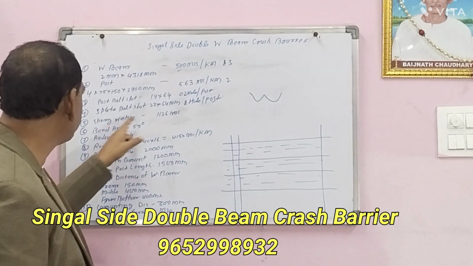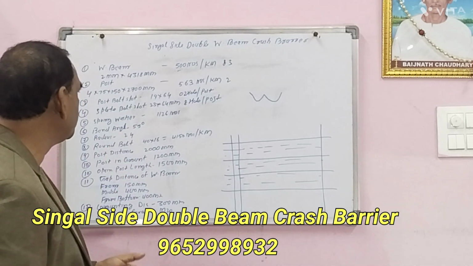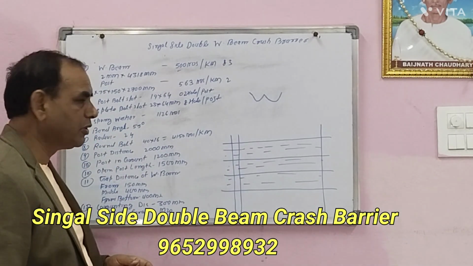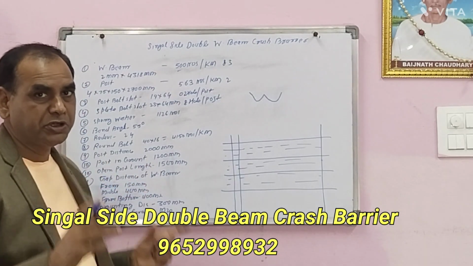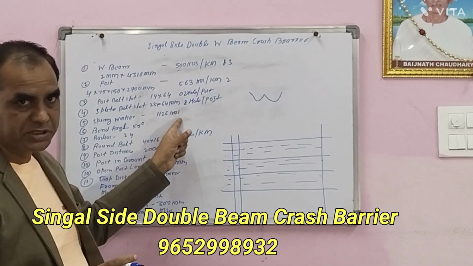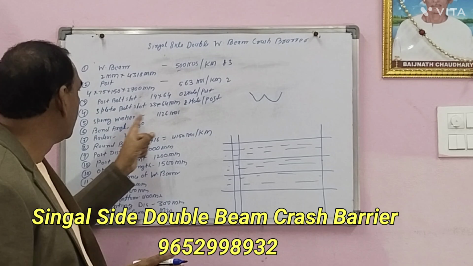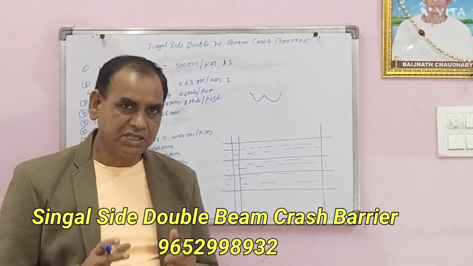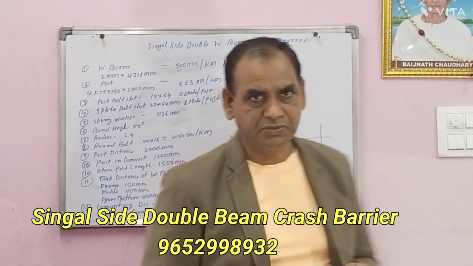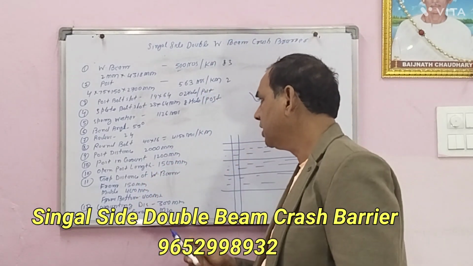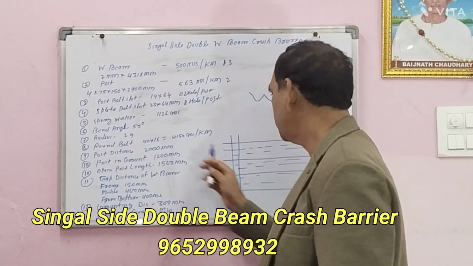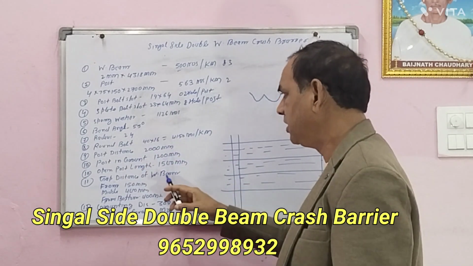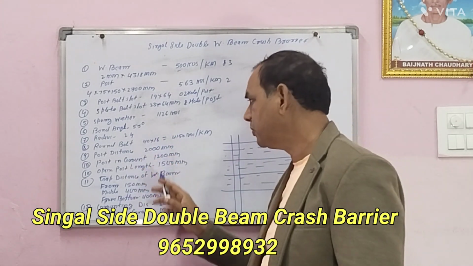And a spring washer, how much quantity will come per kilometer? 1126 numbers will come per kilometer for the railway single side double beam crash barrier. Then the bend angle. There is a bend angle on the W beam, 55 degree, and the radius will be 24.